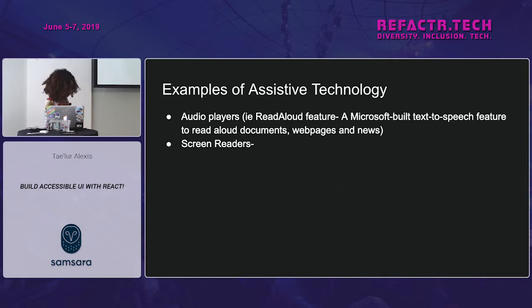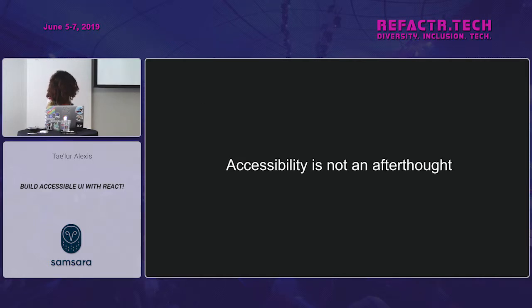And accessibility is not an afterthought. I wanted to include this because a lot of developers seem to have this notion that they should just code with themselves in mind, not for other people in mind, if that makes sense.